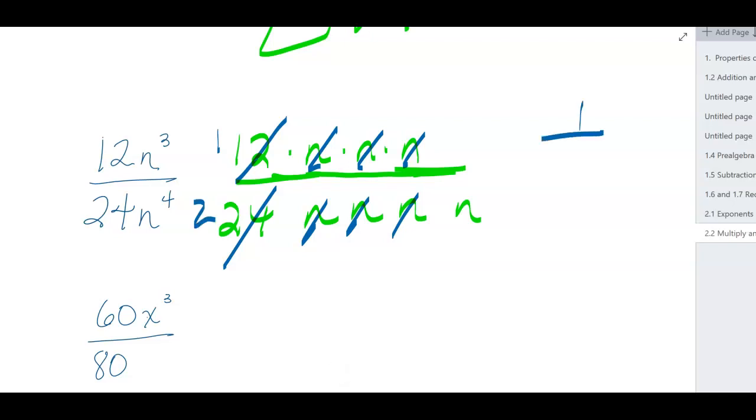So my answer is 1 over 2n. Some books will actually call that 1/2 n. They'll put the n as kind of like to the side as a variable. These two are the same numbers. 1 over 2n and 1/2 n are the same value. Now, whatever you do, don't put the n on the top.